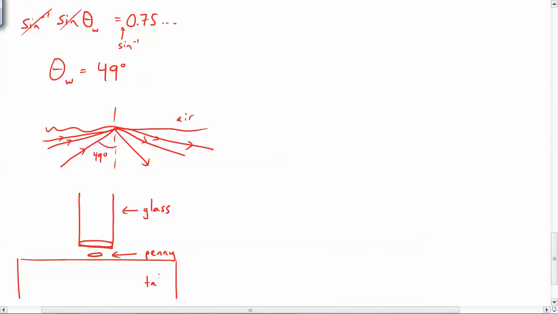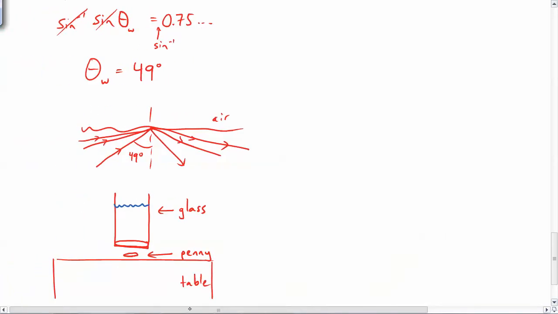And just put the glass right on top of the penny and then fill the glass with water. And you'll see that from certain angles, the penny disappears. You can't even see the penny because the light from the penny is being completely reflected because of the internal reflection that's happening due to the glass and the water.